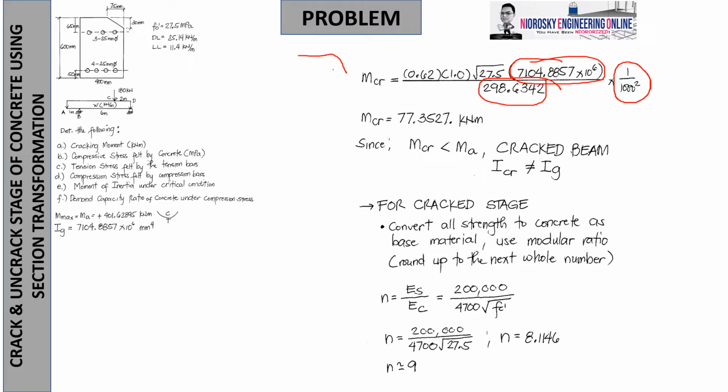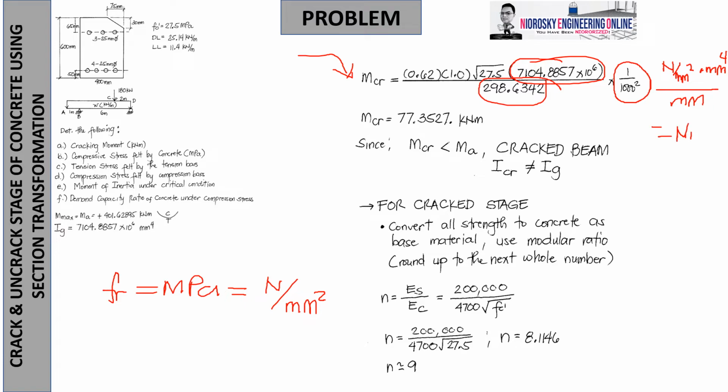Notice that, as discussed, f_r is in terms of megapascal, and we are aware that 1 megapascal is 1 Newton per square millimeter. Multiplied by millimeter to the fourth, the resulting unit at the top is Newton per square millimeter by millimeter to the fourth, divided by millimeter. So the final unit would be Newton-millimeter.